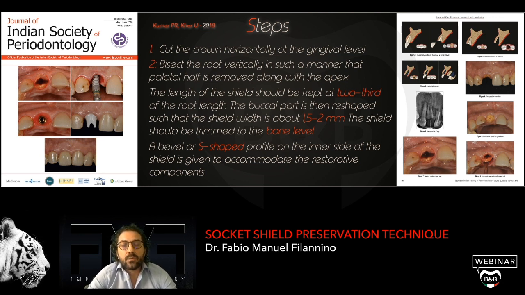After that, we have to reach the goal of having the length of the shield about two-thirds of the original length when we cut the crown at the gingival level, and the width of the shield should be 1.5 to 2 millimeters. And of course, we have to remember that every time we have to perform a bevel to leave prosthetic space and to let the soft tissue organize in the best way and be stable over time.